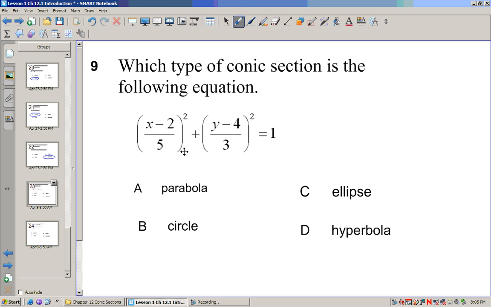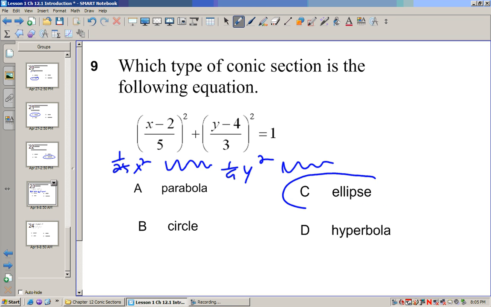Alright, now this one, if we would multiply it out, it would be 1/5 squared, so it would be 1/25 x squared, and then a whole bunch of other stuff. This would be 1/3 squared, so 1/9 y squared, and a whole bunch of other stuff. So all we need to do is look at those values. Both of them are positive, they're different, so that is an ellipse.